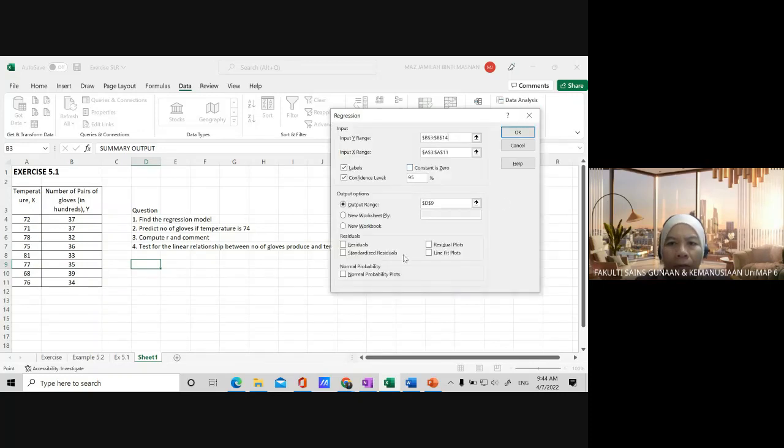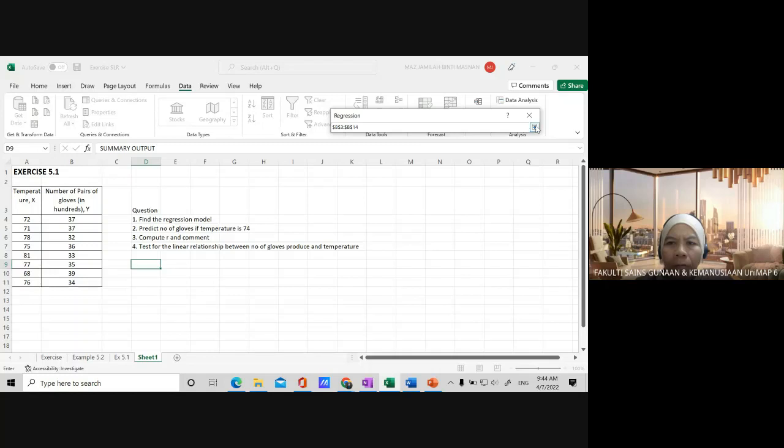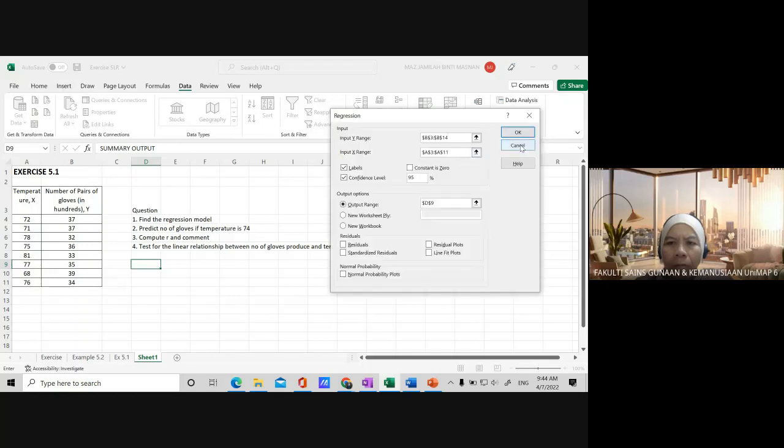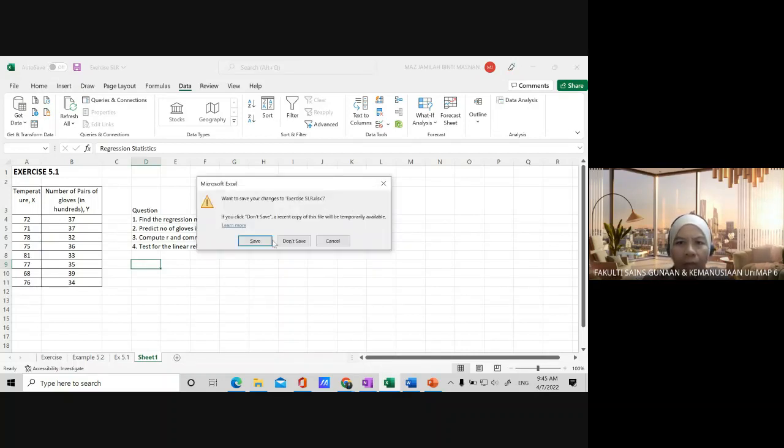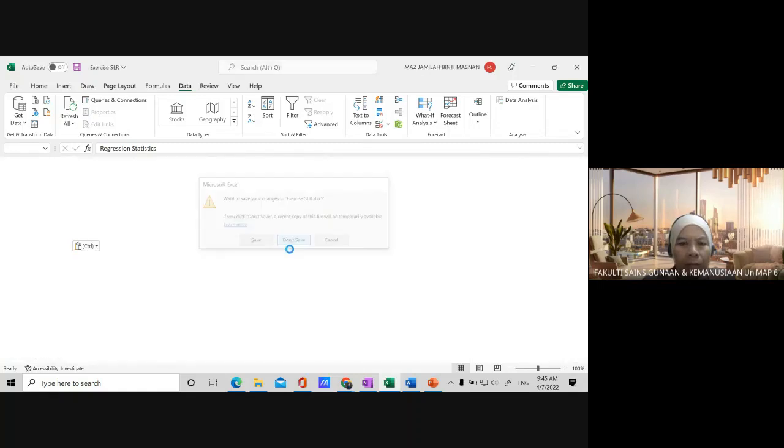Something wrong here. Hold on, I'll just clear up everything. Cancel. My cursor is not moving. I don't know what happened. I need to shut down my Excel first, class. Don't save.